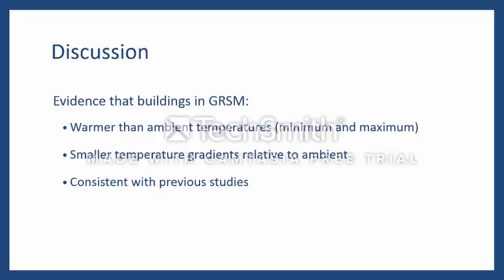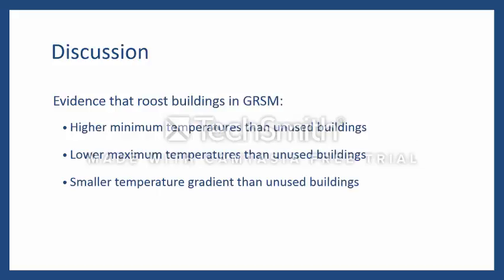Being in a building or in any kind of structure, whether it's a cavity or a rock crevice, it's logical that ambient temperatures would be buffered in some way. Not in every case, as you have insulation to take into account, and these are things that I'm going to be looking into with my big analysis, but the evidence that buildings are warmer and have smaller temperature gradients is not necessarily surprising.